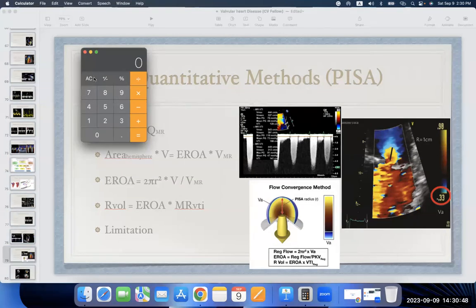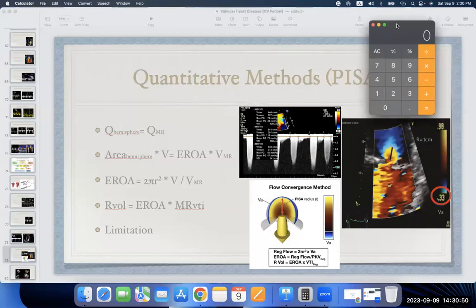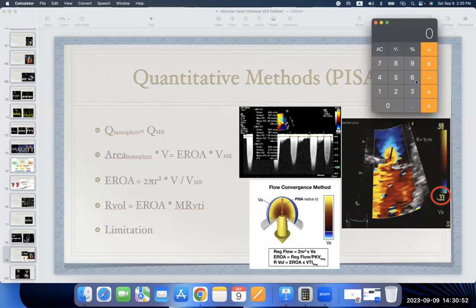Let's say the radius is 1. So we say 1 squared, it's gonna be 1 also. Then you multiply it by 2, and then multiply it by pi. That will give you the surface of the hemisphere. And then you multiply it by the velocity, because as I said, we are assuming that the flow in this curve is equal to the flow here.